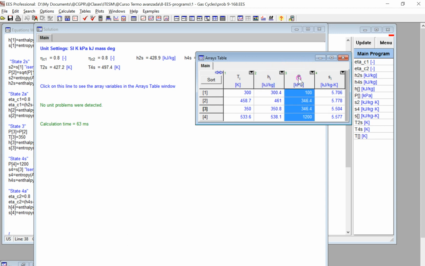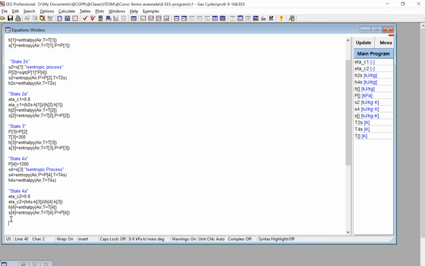I will change this order a little bit so I can have temperature, pressure, and then the dependent variables, enthalpy and entropy. Okay, now comes a tricky part. When we did the analysis by hand, we said that we need to skip state 5 initially, because we need state 9 to get it.